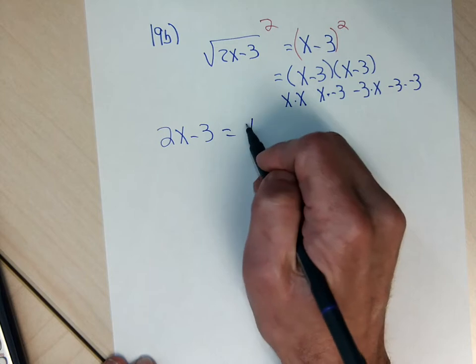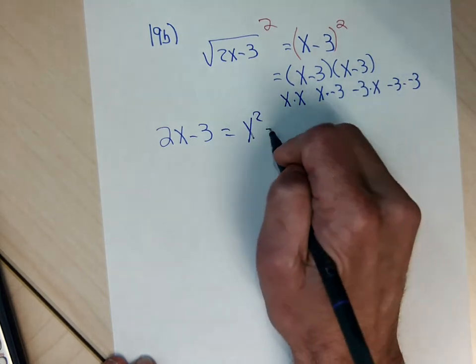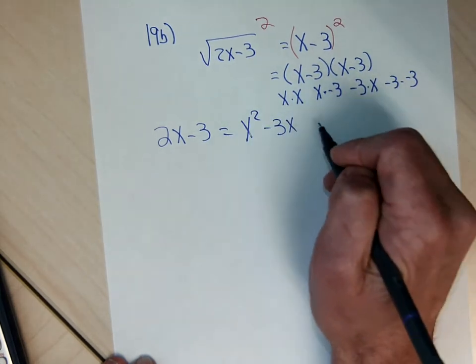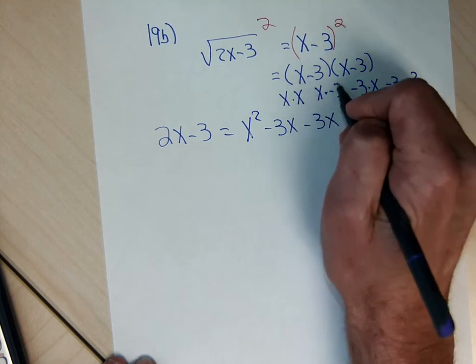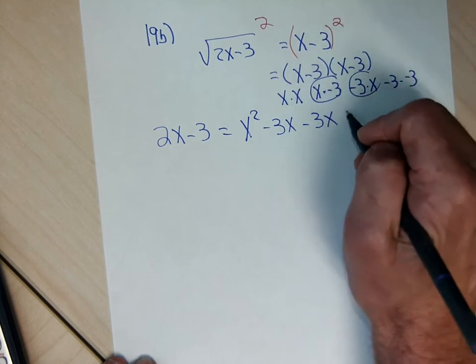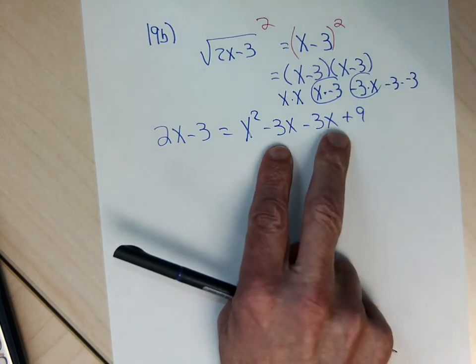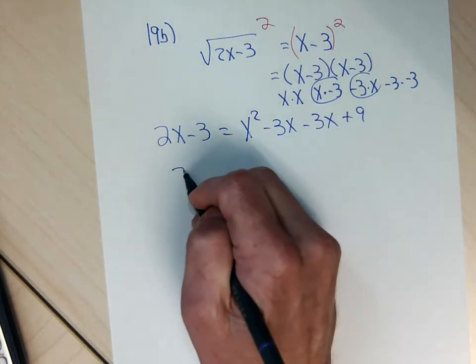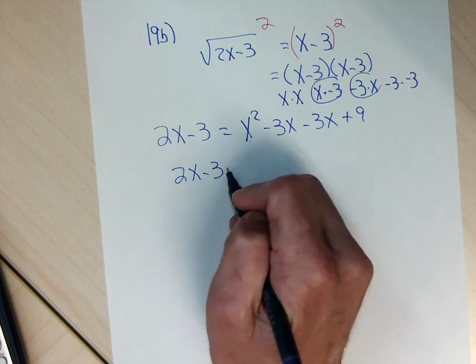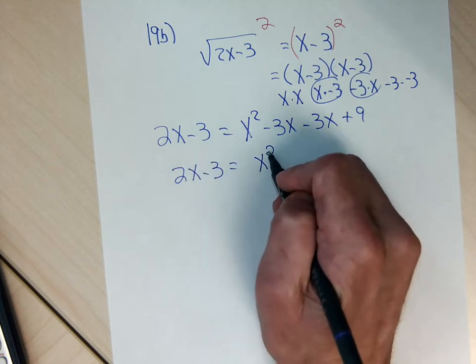The right-hand side is going to be x squared minus 3x minus 3x, and then plus 9. The minus 3x's, if they had opposite signs, they would cancel, but because they have the same signs, I'm going to add those together and keep the sign negative.